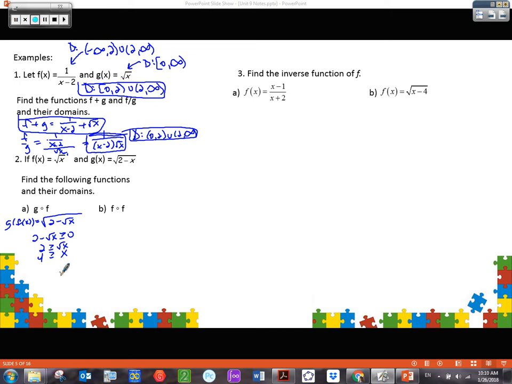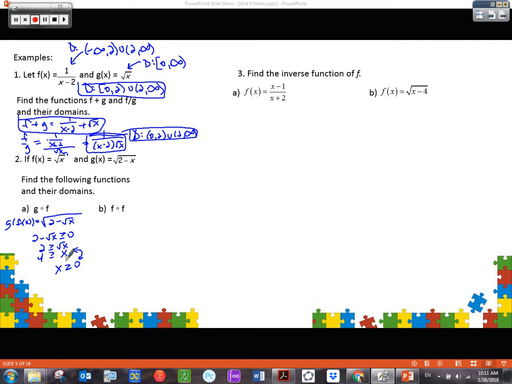We have another radical that we need to consider, and that's this one. Now luckily it's just x. X must be greater than or equal to 0. So these are the 2 domains, the domain of each of those 2 radicals, that we need to intersect. What numbers do they have in common? Because we can't use any number outside of those intervals, it wouldn't work.